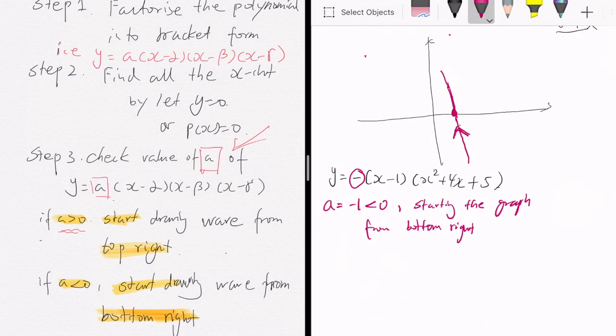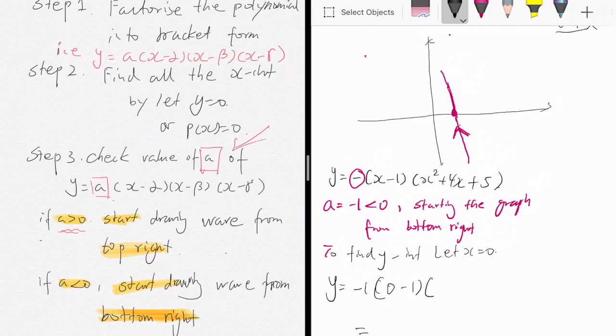So you need to calculate it: to find the y-intercept, let x equal to 0. So y will be equal to -1 times 0 minus 1 times 0 squared plus 4 times 0 plus 5, and then that will be equal to 5. So then we'll have 1, 2, 3, 4, 5, and if I extend, then I know that it will cross there.